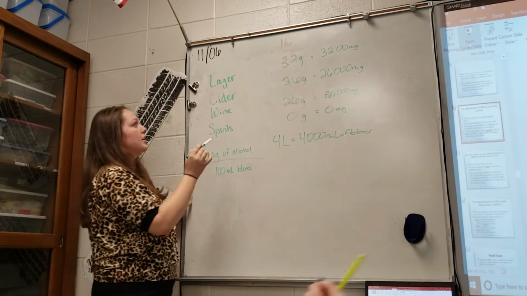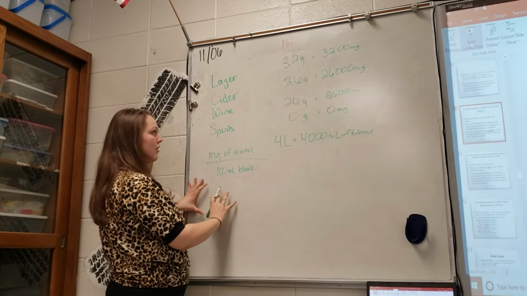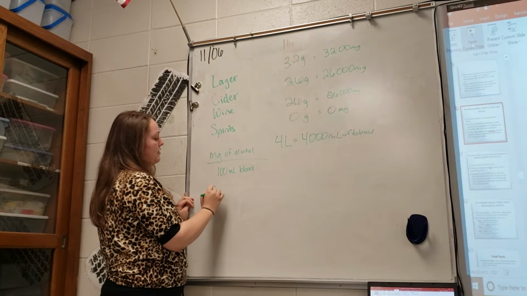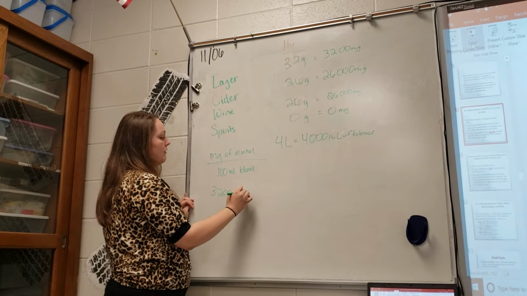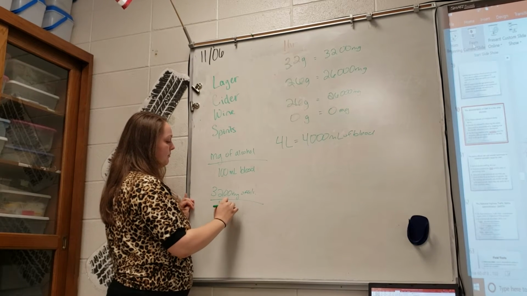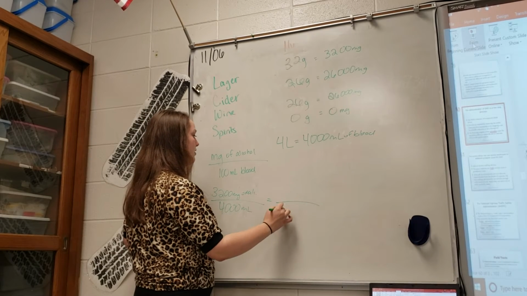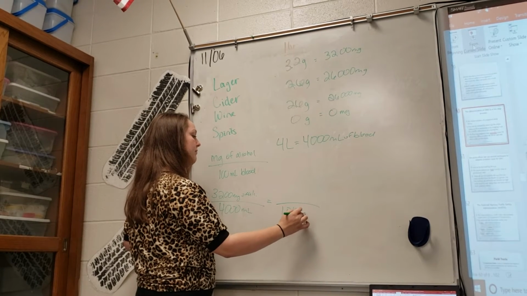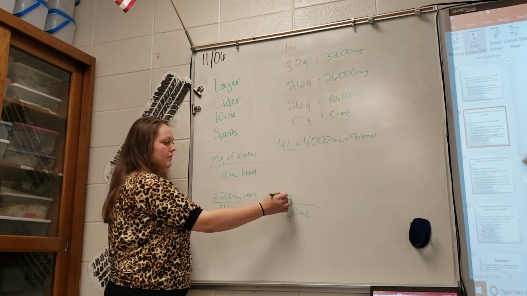Okay. So if we're gonna start off with the first one, we'll say this is our whole body fraction. Okay. So you've got 3,200 milligrams of alcohol and 4,000 milliliters of blood. And they want your answer over 100 milliliters of blood. So you just set up a fraction and you're trying to figure out what this number is.